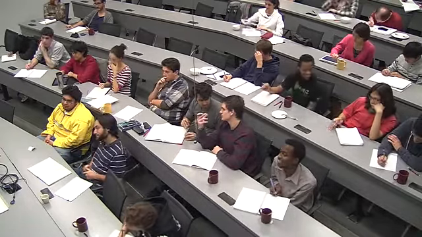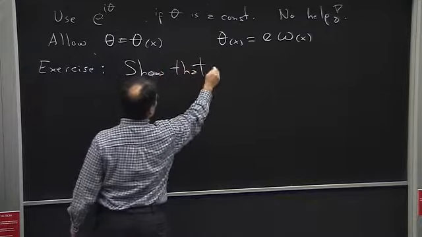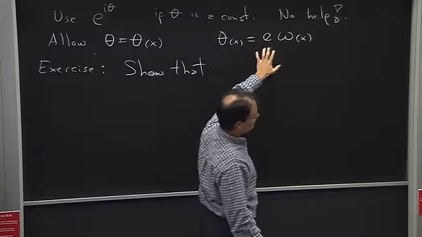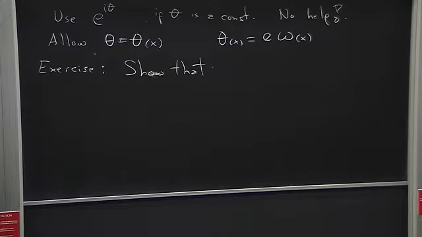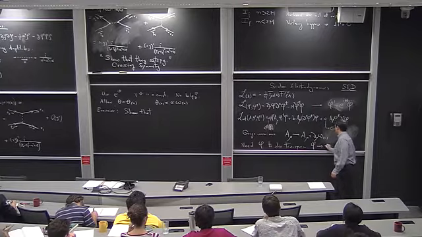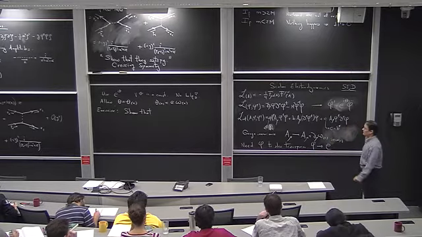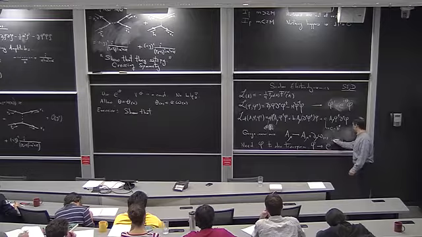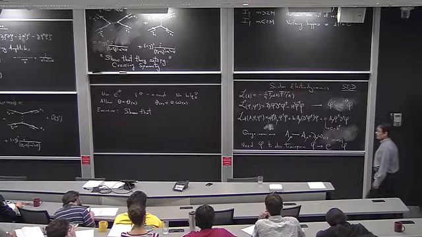Show that with this, under this assumption, if at the same time that you do this, you send phi to e to the i e w of x, phi, okay?